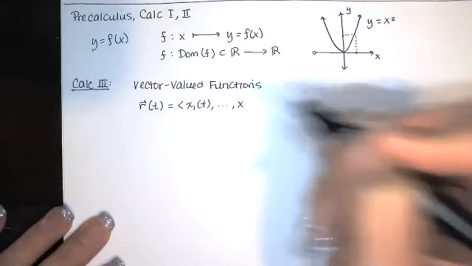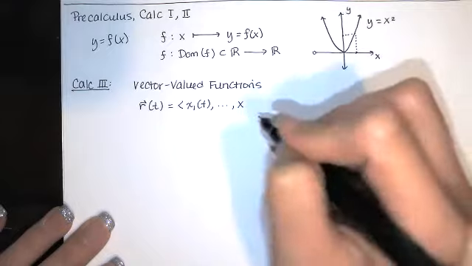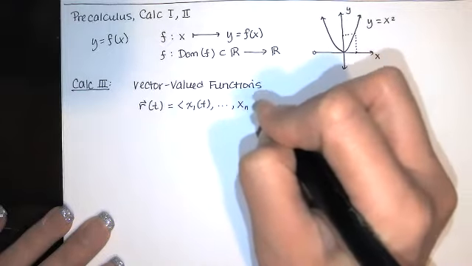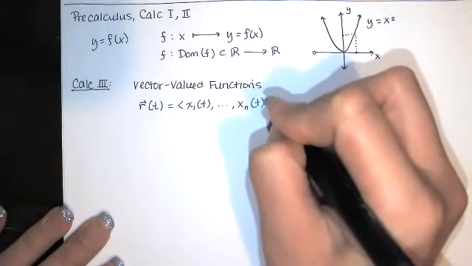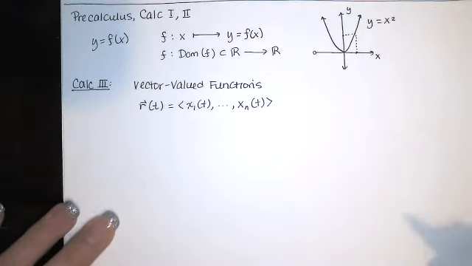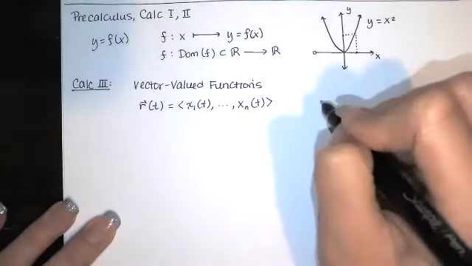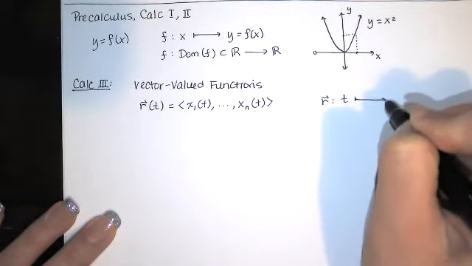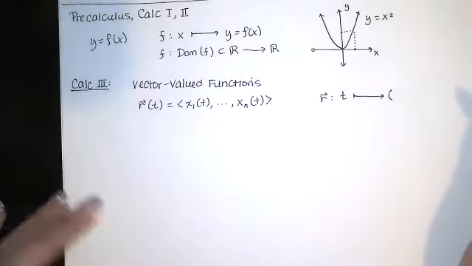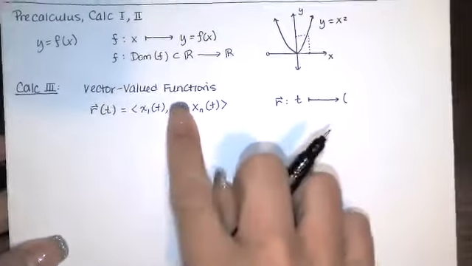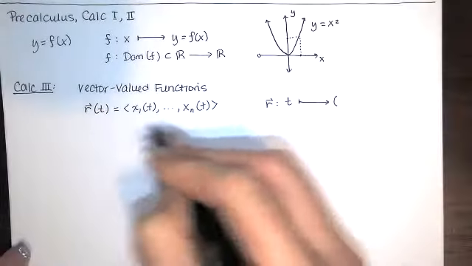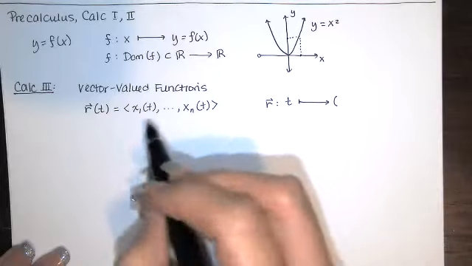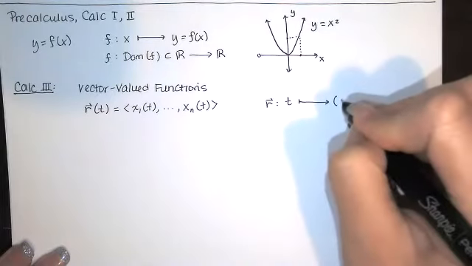And most of the time, that ordered n-tuple only had two components. Sometimes it had three, but in general, r took a real number t, and it mapped it to this point. This actually yields a vector, but we really didn't focus on the vector. We focused on the terminal point of that vector if it started at the origin.